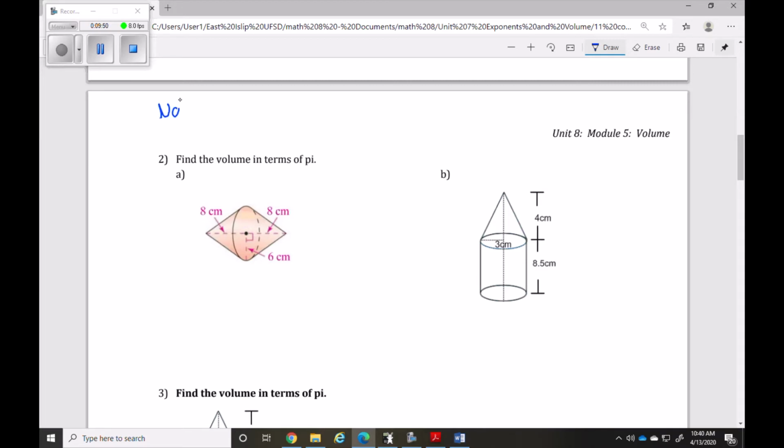So just a little note, whenever you have figures stuck together, we really want to find the volume of each figure and add it.